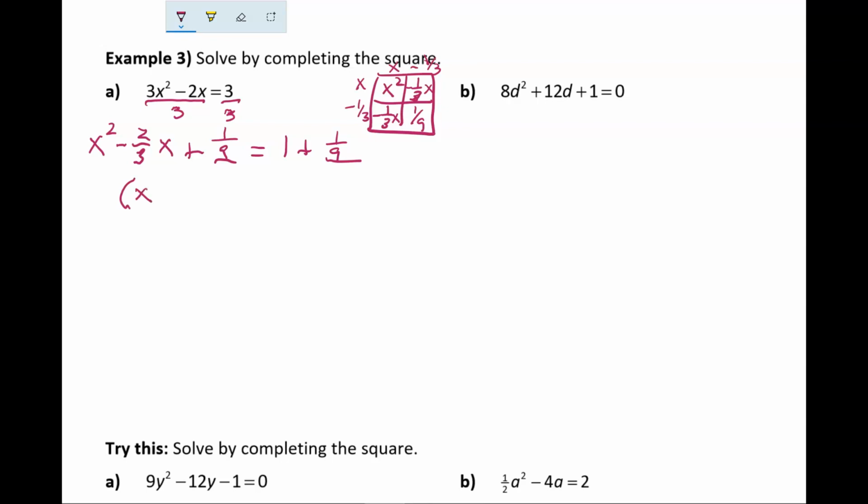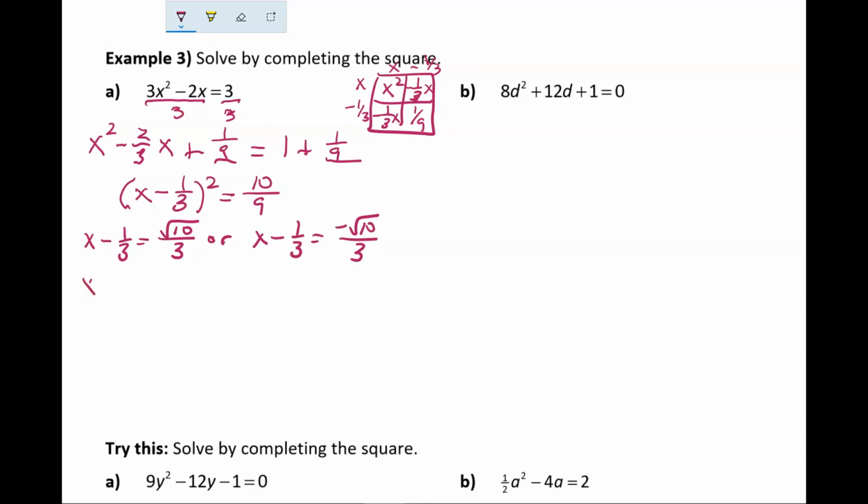So x squared minus 2/3 x plus 1/9 is x minus 1/3 squared, and 1 plus 1/9 is 9/9 plus 1/9, or 10/9. So that means that x minus 1/3 can be either the positive square root of 10 over 3, taking the square root of the numerator and the denominator, or x minus 1/3 can be the negative square root of 10 over 3.